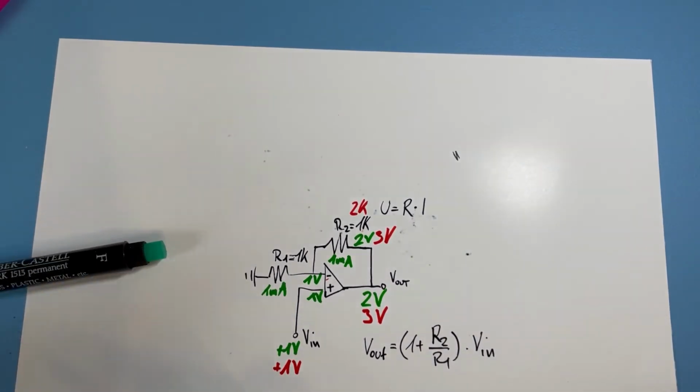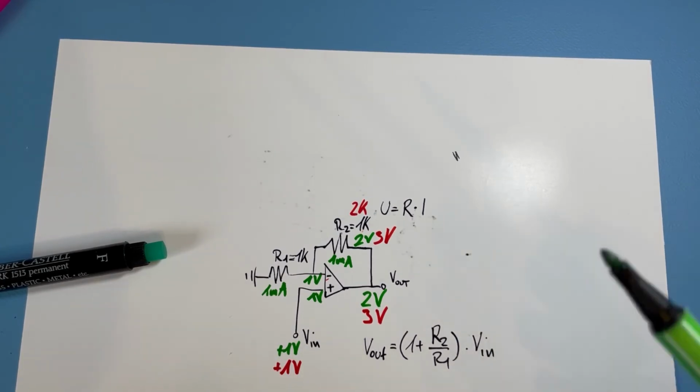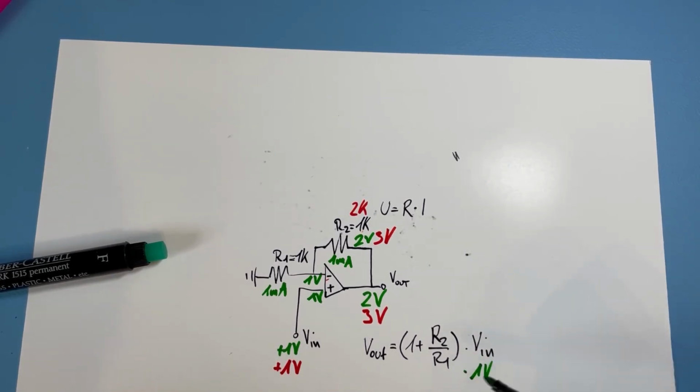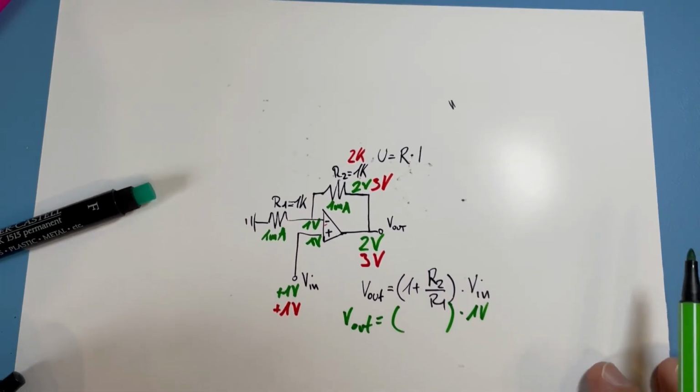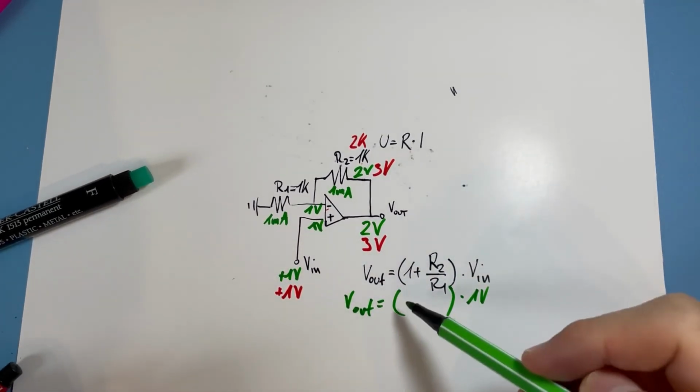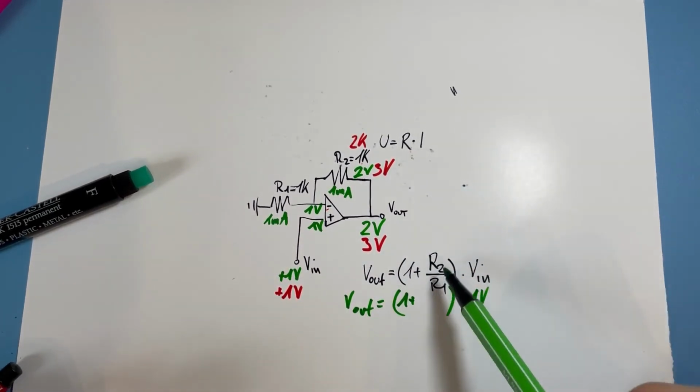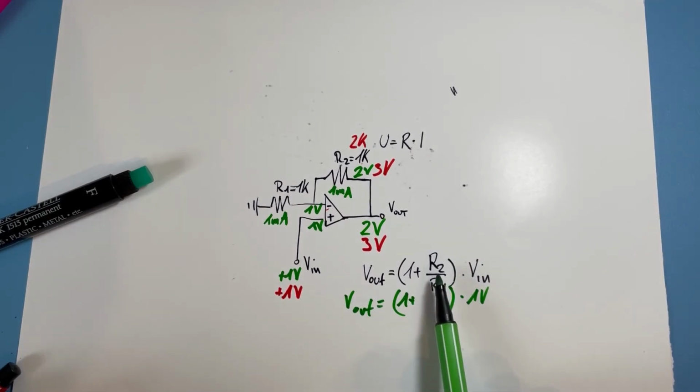And let us, for the green case, let us verify. Okay, the output voltage we want to have. So as input voltage, we put in 1 volt. What is in the parentheses? So in the green case, V out equals, what do we have in the bracket? So 1 stays the same plus, okay, what is R2 over R1?